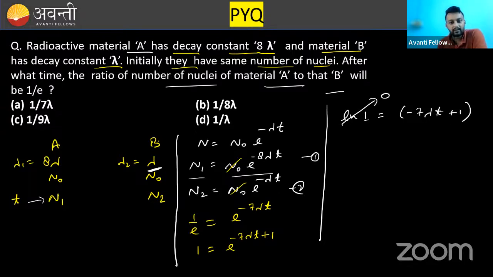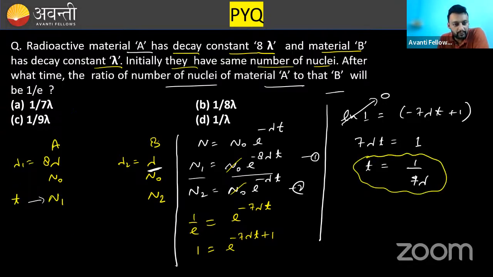I think you have studied something about log in your basic classes. So from here you can see that 7 lambda t equals 1. So t equals 1 by 7 lambda, which is option number A.